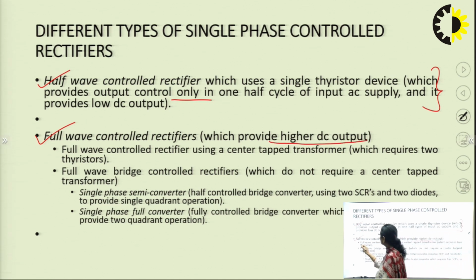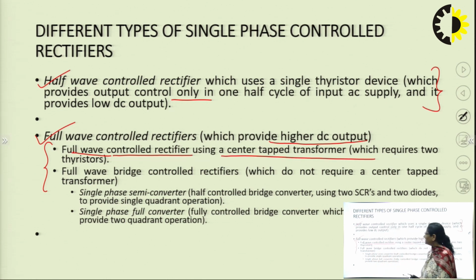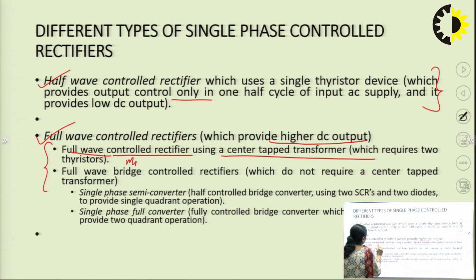We have two configurations of the same. We have the single phase full wave control rectifier using a center tap transformer. This particular configuration is said to be the midpoint configuration. And the other configuration is the bridge configuration.